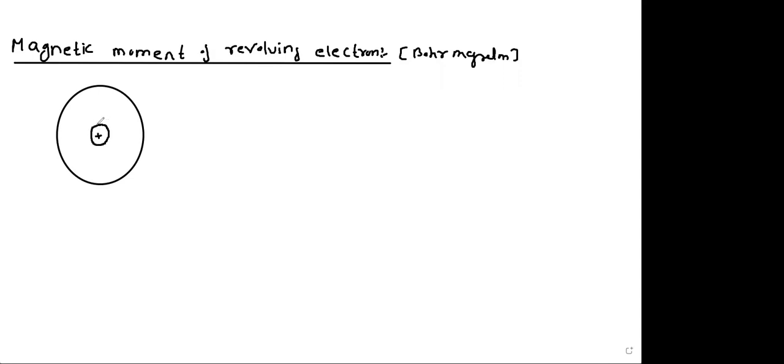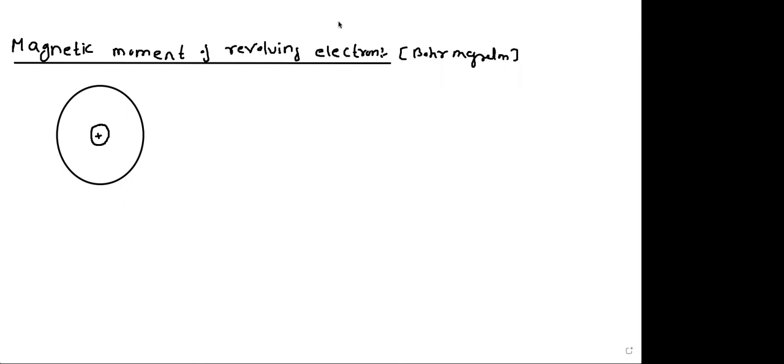Magnetic moment of a revolving electron. You can also say this is Bohr magneton. It's a very simple calculation. Say you have an atom, a very simple atom, the hydrogen atom. This is the nucleus of the hydrogen atom.